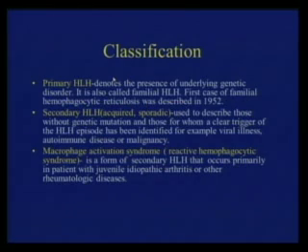Secondary HLH, which is also called acquired or sporadic HLH, is used to describe those people who have this syndrome but do not have a known genetic mutation. And in them, there can be a trigger, which has pushed the immune system into an immunopathologic state.